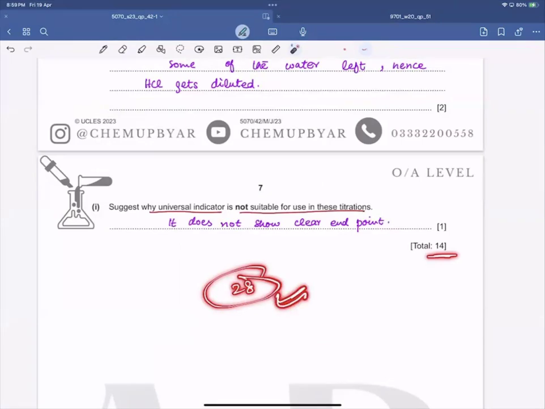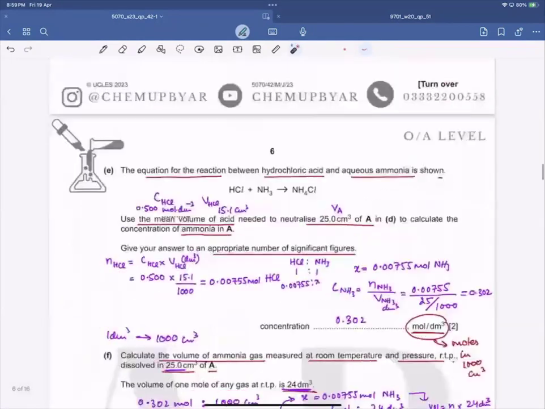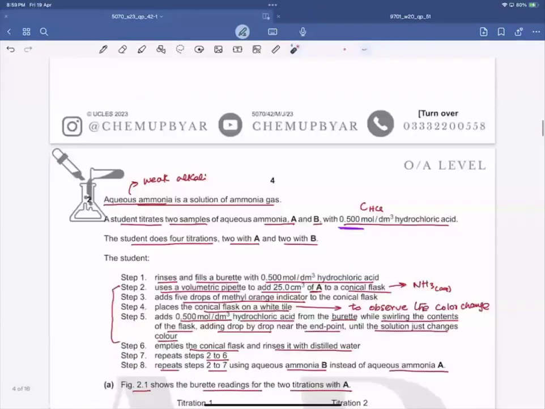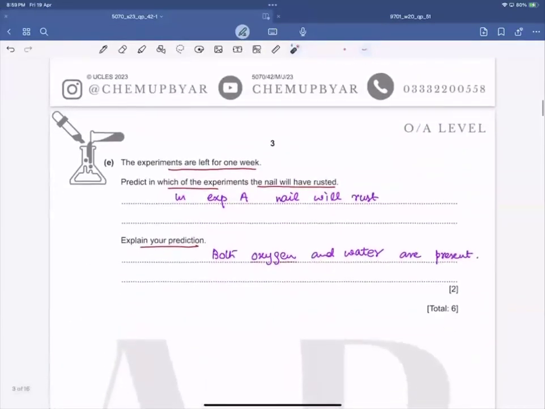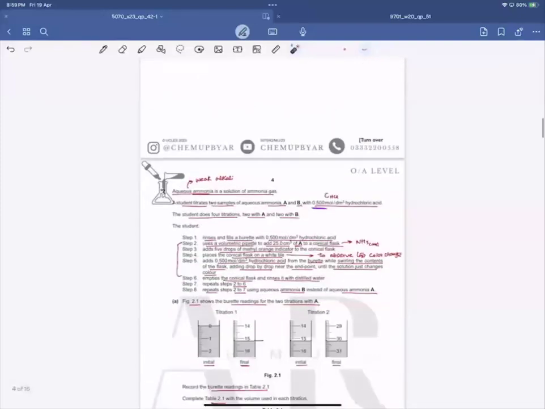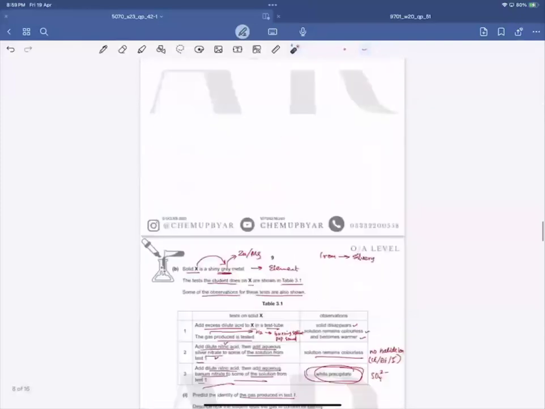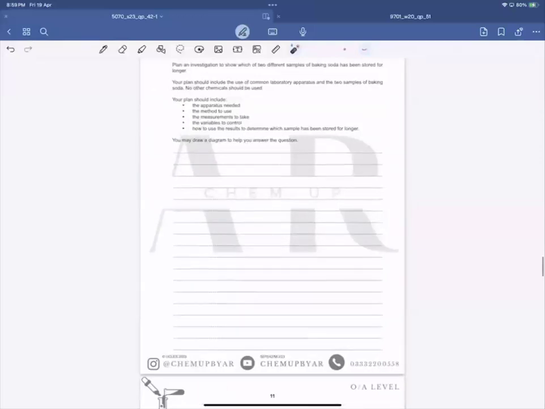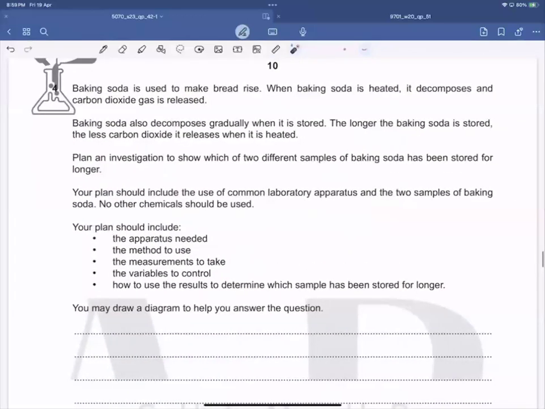And now you are left with only 12 marks. And from 12 marks, you already secured 6 marks over here because, if you recall, this was a very easy question. So you are just left with the 6 marks. And in this 6 marks, the last one, the designing of the experiment, most of the students made mistakes.